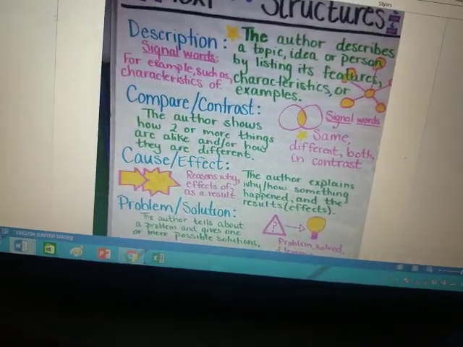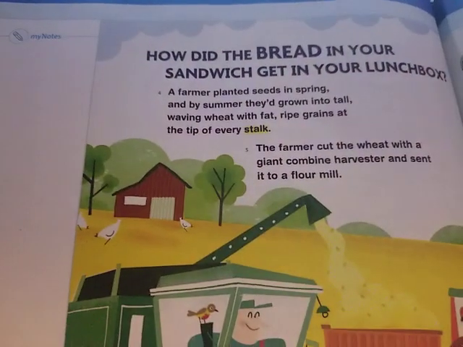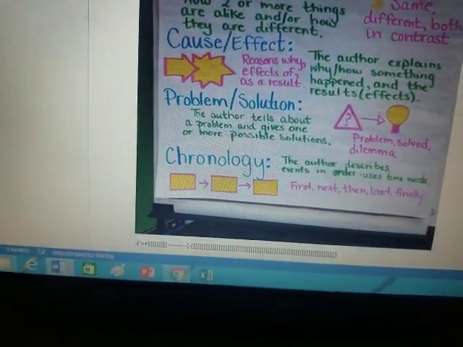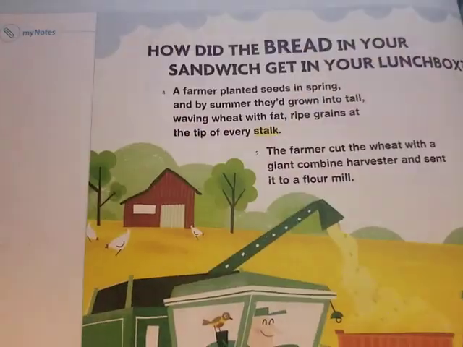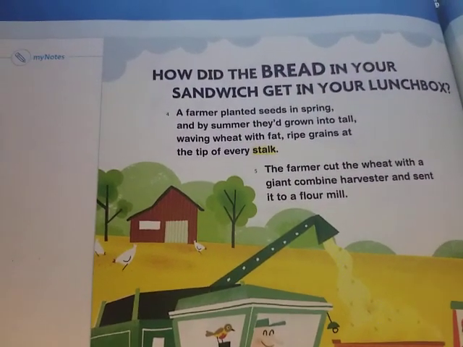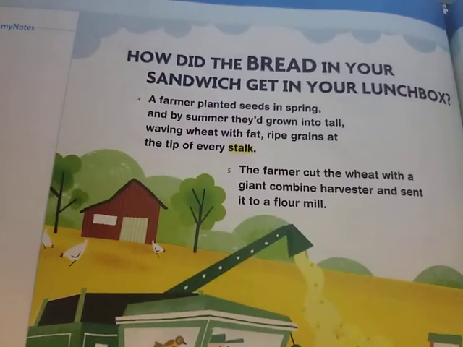Here's the next one. Is there a problem and a solution in this? On this page, is there a major problem? Not so sure about that one. And chronological. Is there a lot of order in it? Is there saying first, second, last? If they are, then that would be one of your 2 that you choose.